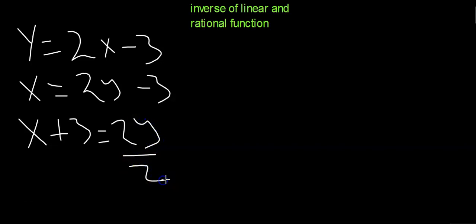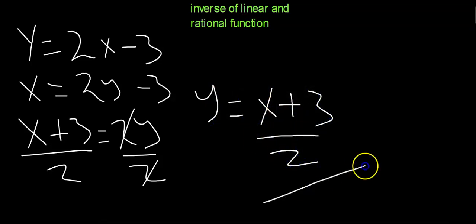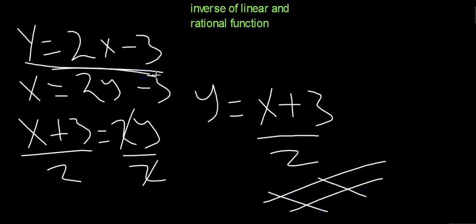Then over 2, my answer will be y equals x plus 3 over 2. So this is the inverse for this linear equation. If you see the pattern, this is how we deal with the inverse of all types of functions: substitution, and then solve for y. Now let's go to the second question. Let me erase the board.